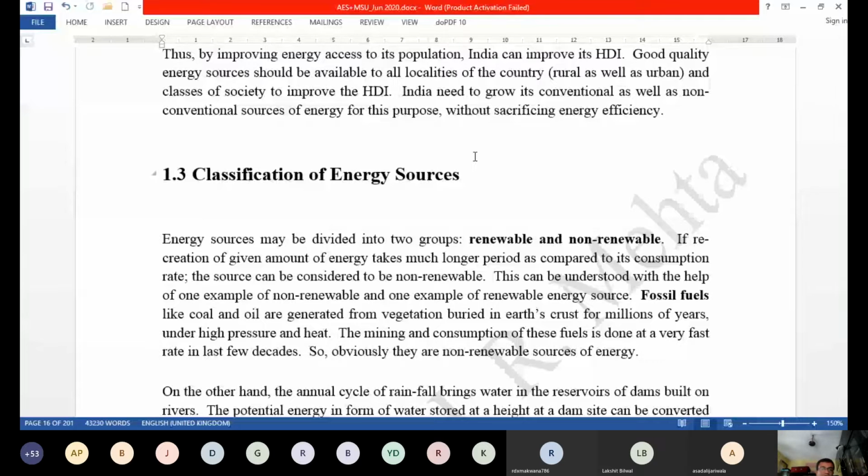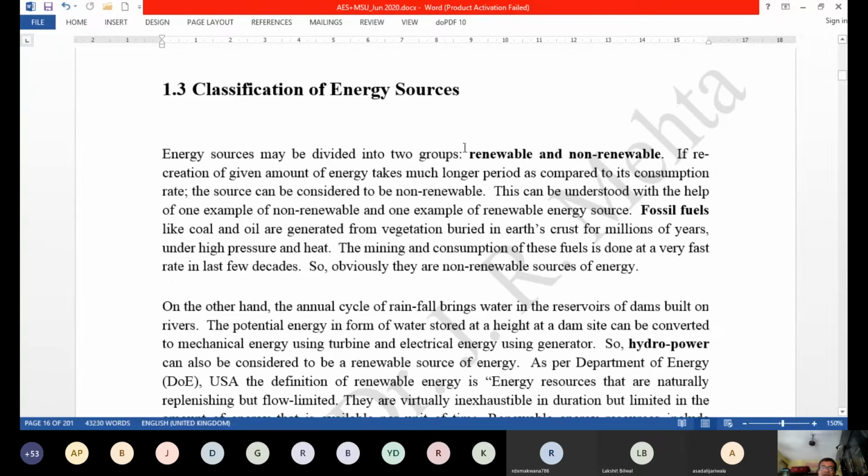Classification of energy sources. I talked about this somewhat earlier. One classification could be renewable and non-renewable. So what is renewable? Something which can be renewed over a short period of time. I was talking about hydro energy.